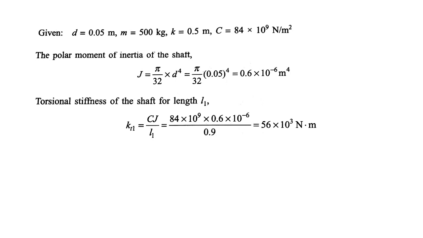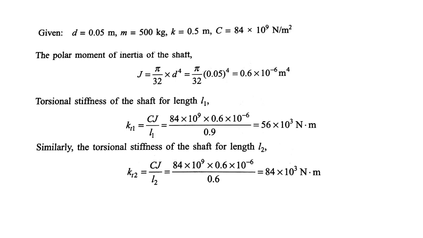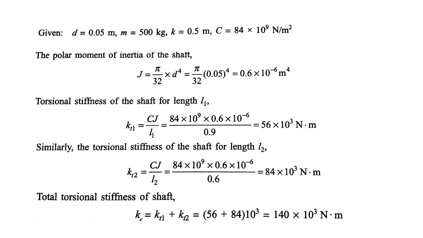Now we have found out the torsional stiffness of the shaft for length L1. Similarly, the shaft with length L2, that is 0.6 meter, has a stiffness Cj by L2, which is equal to 84 × 10 raised to 3 Newton meter. Now to find the net effective stiffness of the shaft, K equals Kt1 plus Kt2.